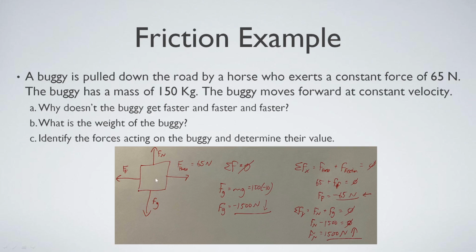I've got here a force body diagram, and I've labeled here force horse, 65 newtons forward. And despite that forward pointing force, the question says the buggy moves forward at constant velocity. That means that there must be some force backwards canceling out the forward-pointing horse force.